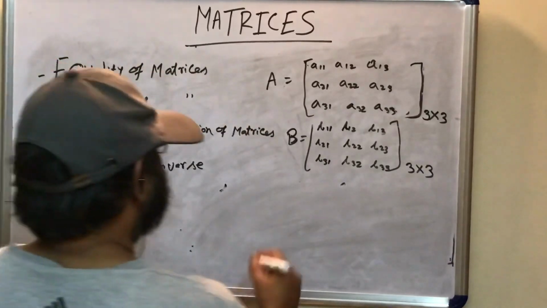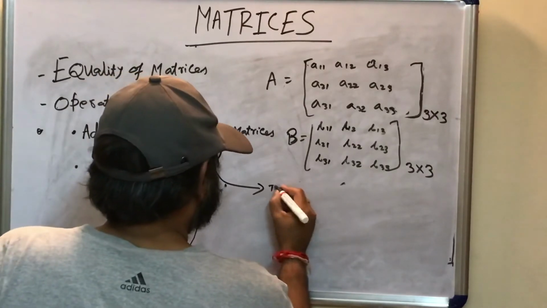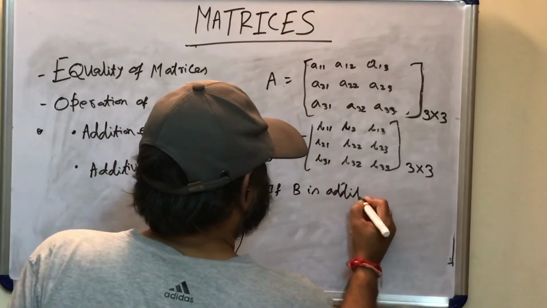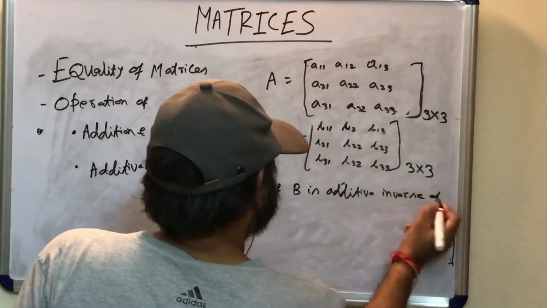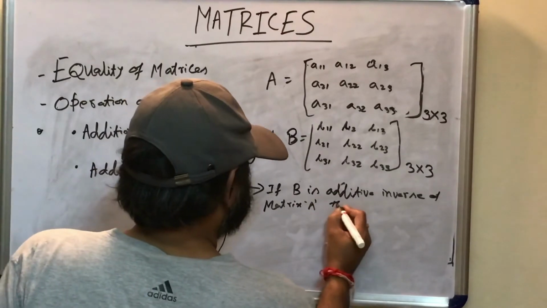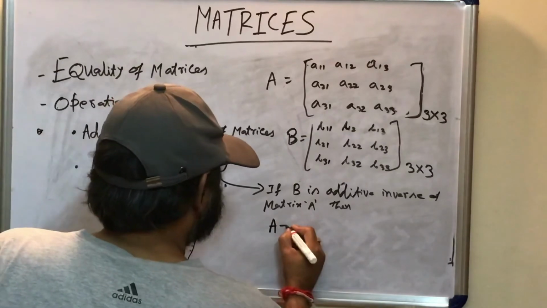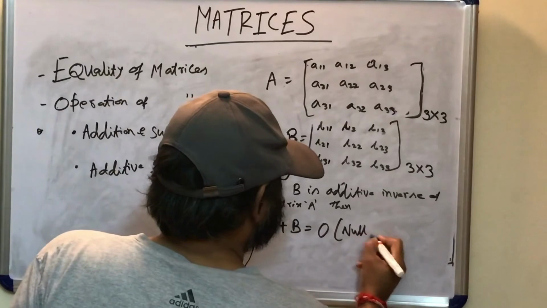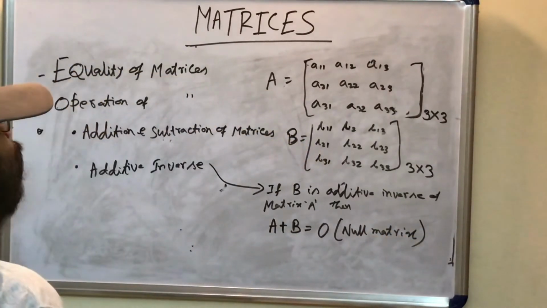Additive inverse: if B is the additive inverse of matrix A, then A plus B equals the null matrix. So what does it mean?